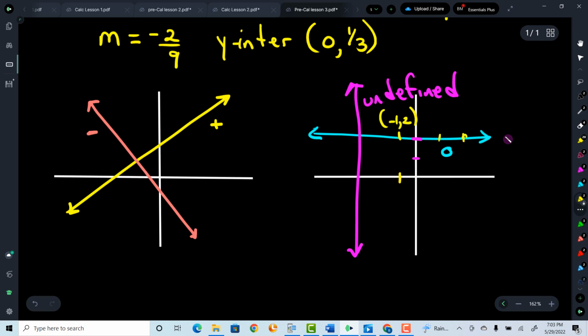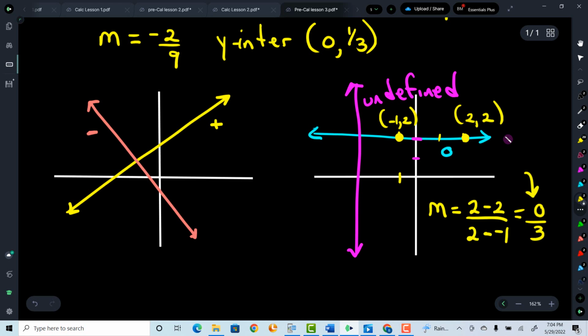And then we'll call this point here 2, 2. Right? Using our slope formula, y2 minus y1, so that'd be 2 minus 2 over x2 minus x1. So I would get 0 over 3. Anytime we have a 0 in the numerator, it equals 0.